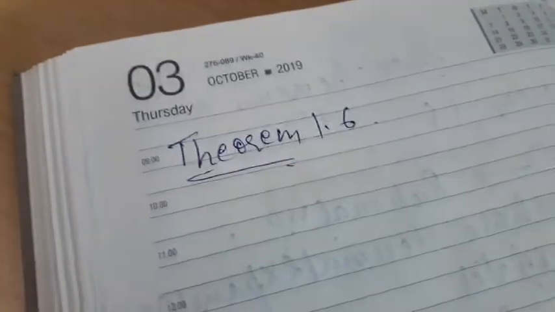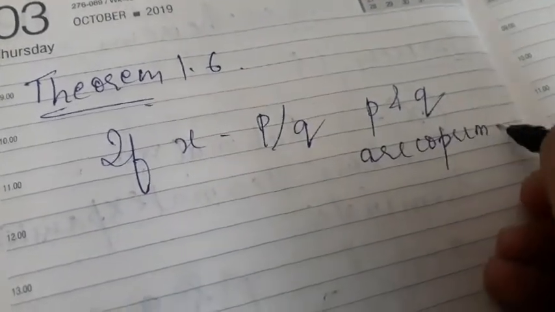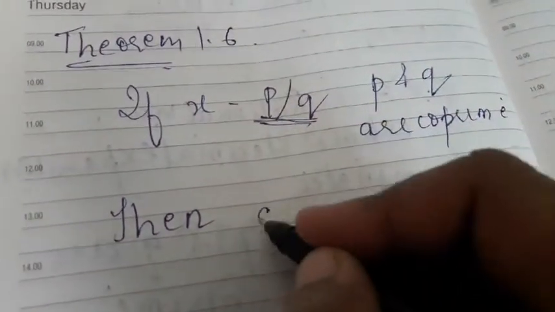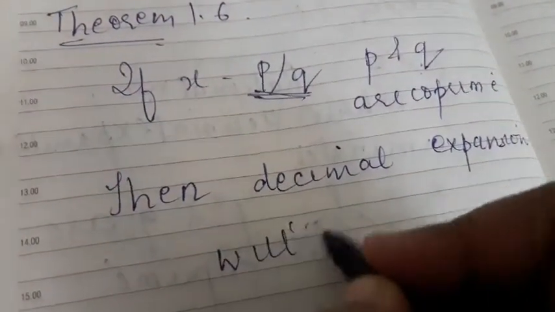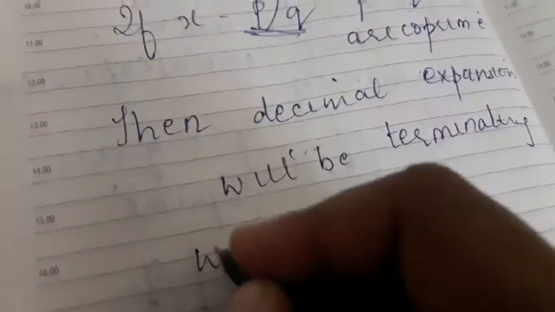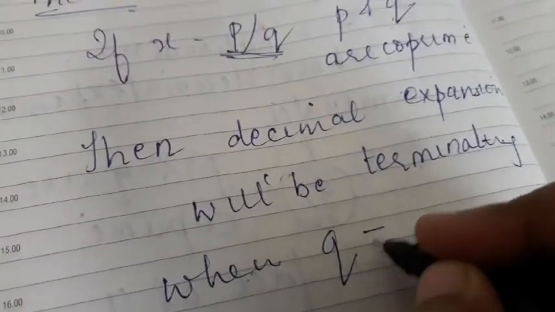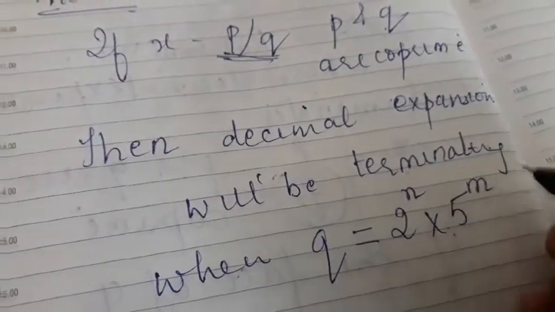These two statements are converses of each other. If x is in the form p by q, where p and q are coprime, then the decimal expansion will be terminating when q can be written in the form 2 to the power of n into 5 to the power of m.